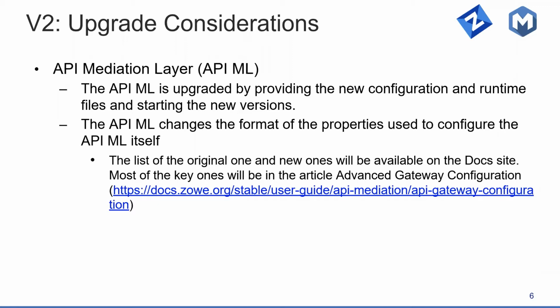The list of the original ones and the new list of the new names is going to be available in the API gateway configuration documentation, where there will also be a table showing the old and the new configuration properties. And on top of that, there is a plan, and hopefully it will be done by V2, to have a configuration script that will help you transfer and transform the old versions of the variables to the new versions.